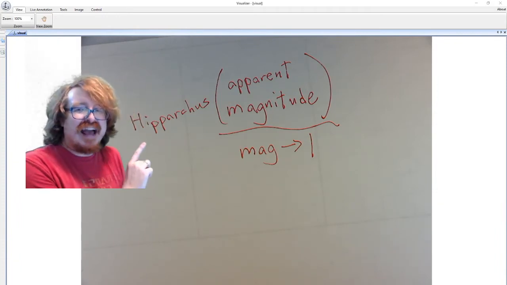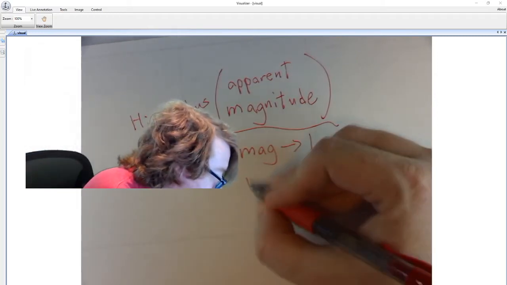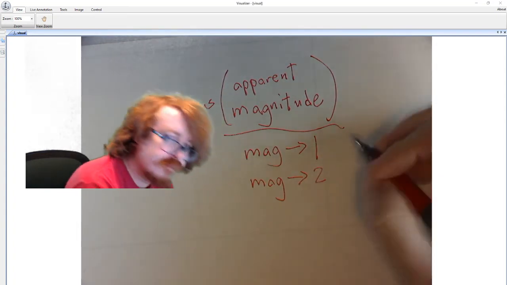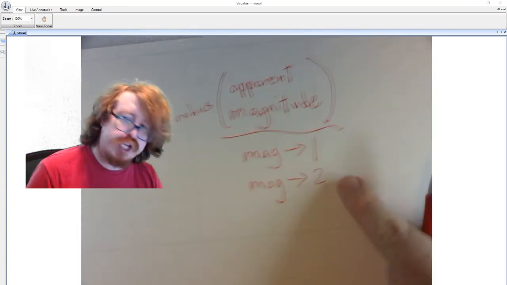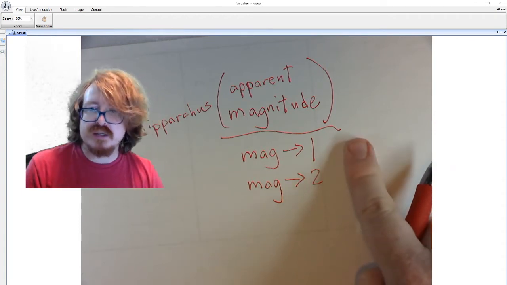Stars that they decided were half as bright as the magnitude 1s were called magnitude 2. So magnitude 2 stars were half as bright as magnitude 1 stars.